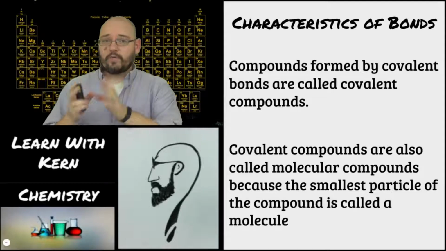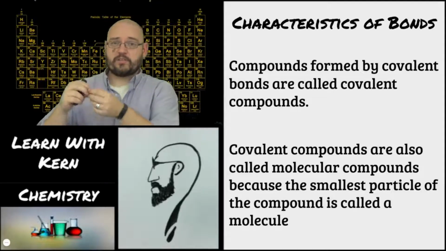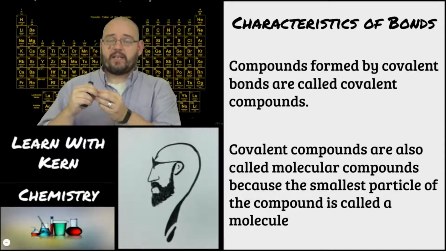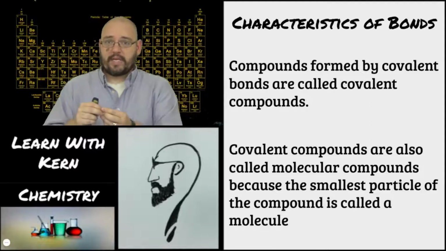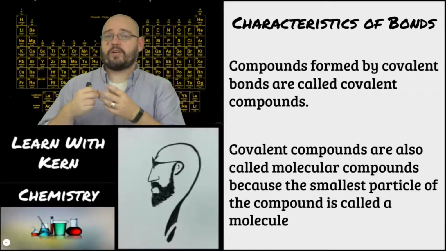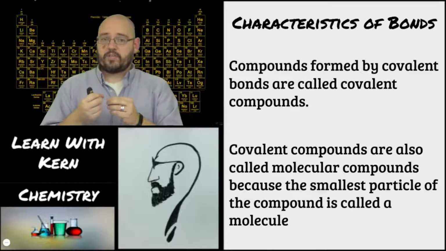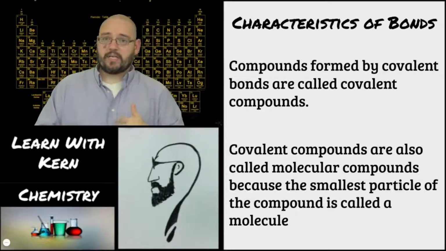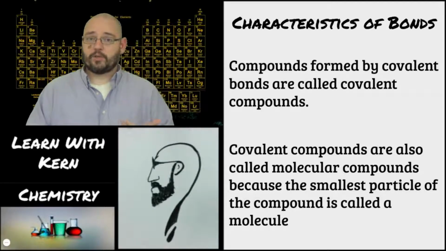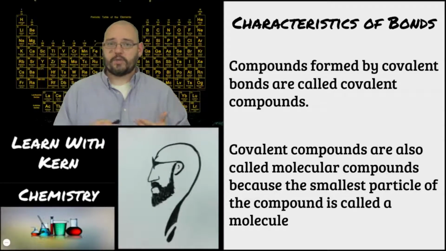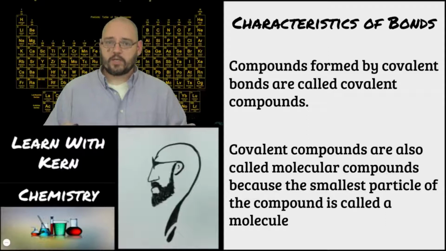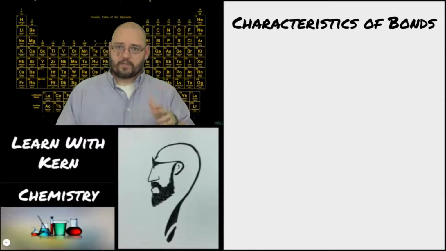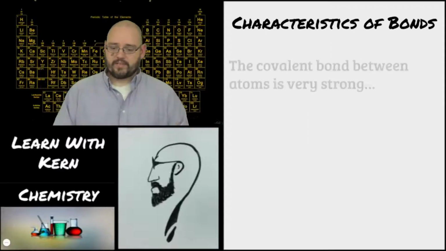But with a covalent compound, you have an actual physical thing. You have a molecule, and a molecule is the smallest part of a covalent compound. So you've got these tiny molecules, and that's why they're called a molecular compound. Sometimes you'll hear people just call them molecular compounds instead of covalent compounds. Molecular compounds and covalent compounds are kind of the same.